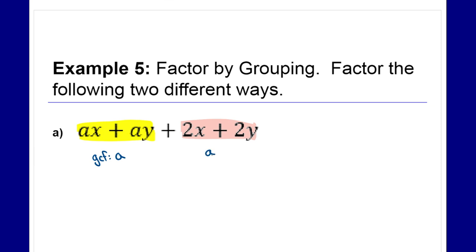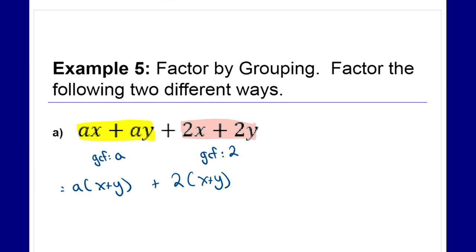And the second one, the greatest common factor would be 2, because there's a factor of 2 in both for the coefficients. So that means for the first term, I have a times x plus y plus 2 times x plus y.